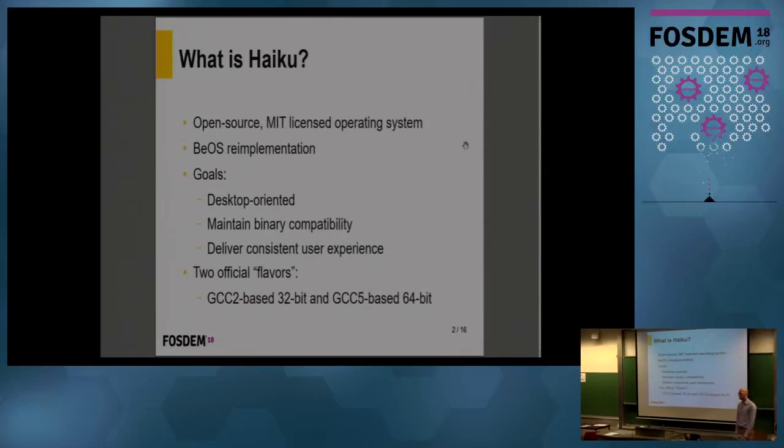We have our custom kernel. Our windowing system is also custom. And there are two official flavors. There is GCC 2-based 32-bit and GCC 5-based 64-bit. And before you run away screaming that it's GCC 2, you don't actually have to comply with the C++ flavor that GCC 2 understands.